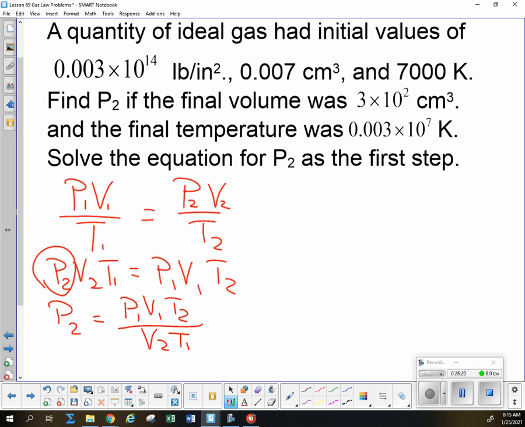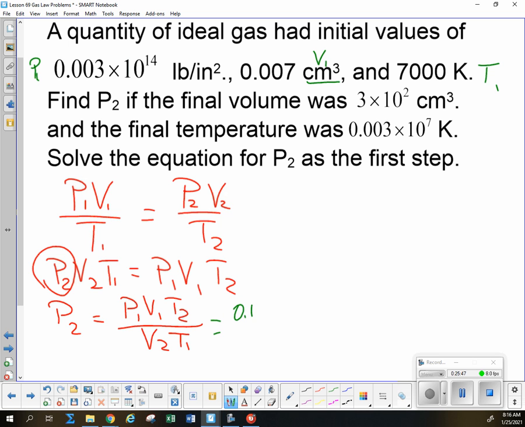Sophia, pounds per square inch. Is that a pressure, a volume, or a temperature? I don't know. Well, volume is usually things like something cubed. So I think volume is going to be this one. It's going to be pressure. So that's P1, and this is V1, and this is T1. So we can put those in.